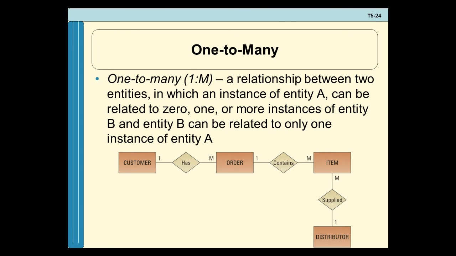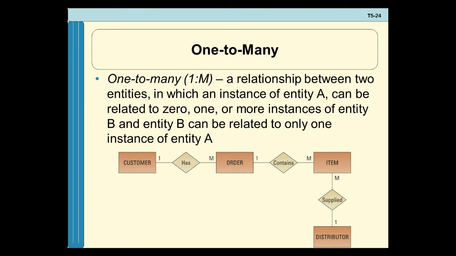If we look at building our diagram out further then, and looking at something like customer, order, item, and distributor, we might say that the customer has, or customer places an order, and allow for the possibility that customer could place many orders.